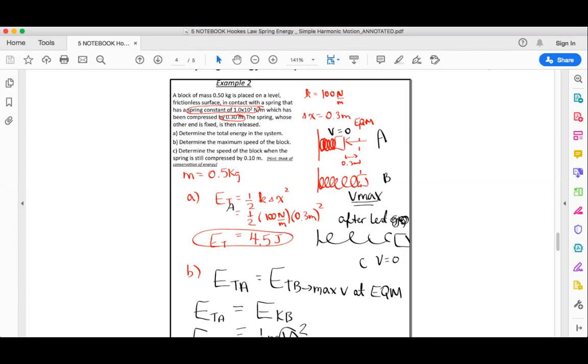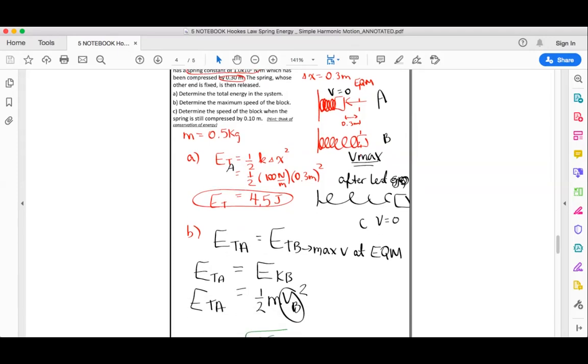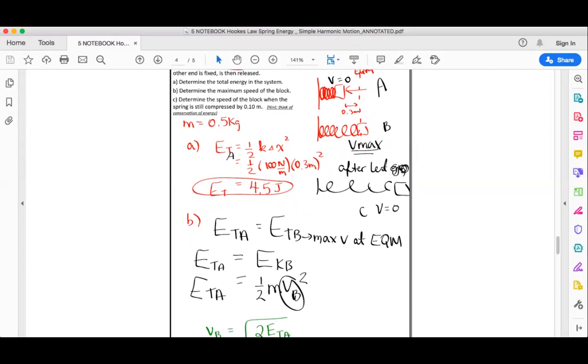Part B says the maximum speed of the block. If we are storing up that energy, we're going to slowly take that stored energy and turn it into kinetic energy as it speeds up towards equilibrium. At equilibrium, the object moves away and the spring is not speeding it up any longer. So we're going to compare position A with position B. Position A is that compression of 30 centimeters, and position B is when the object is at equilibrium, where we'll have the maximum speed.